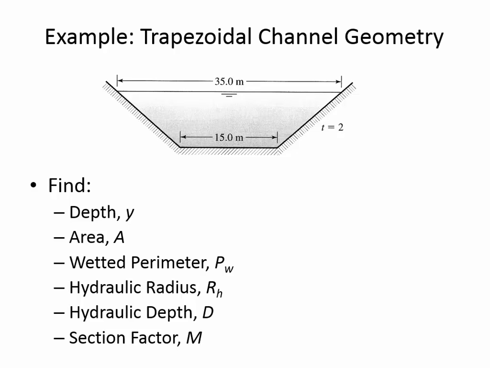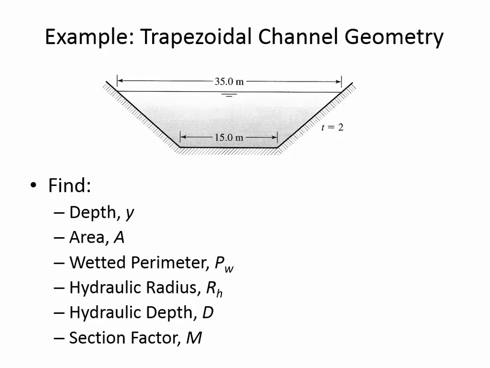So let's calculate w to begin with. 1 plus 2 squared to the 1/2 power. So it's root 5, which is 2.2361. So that gives us the wetted perimeter is b, which is 15 meters, plus 2 times y, which is 5 meters, times 2.2361. So the wetted perimeter is 37.4 meters.